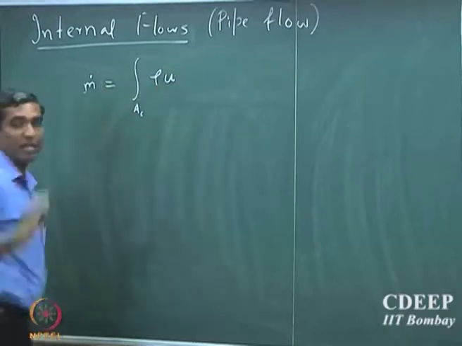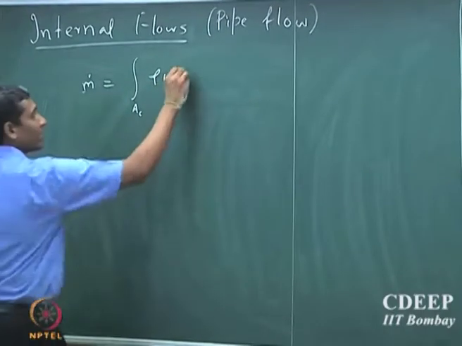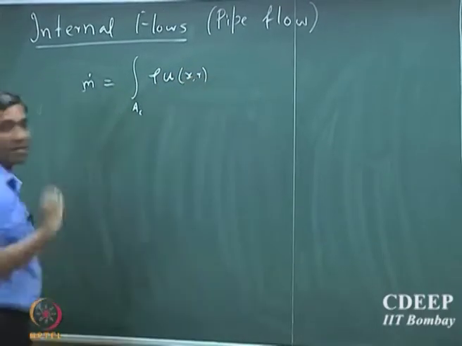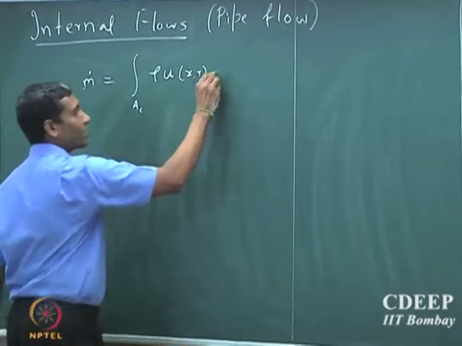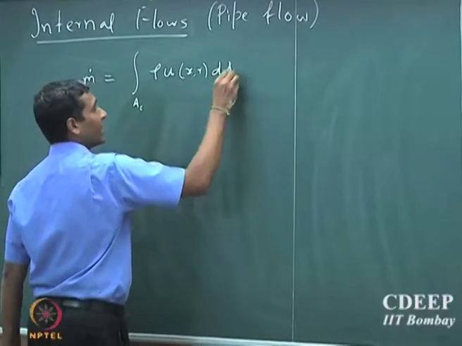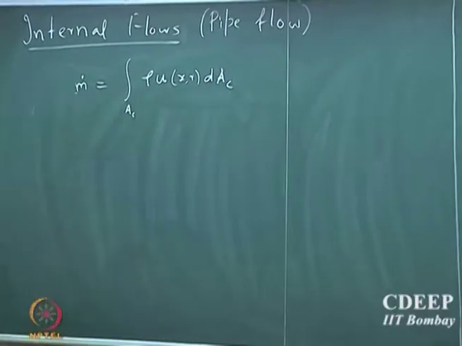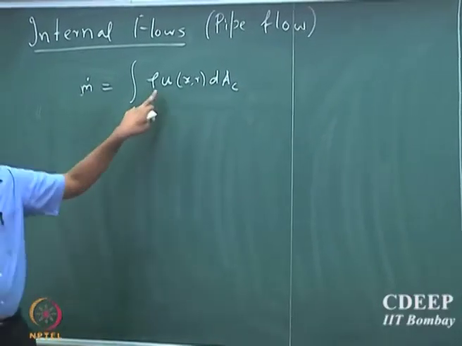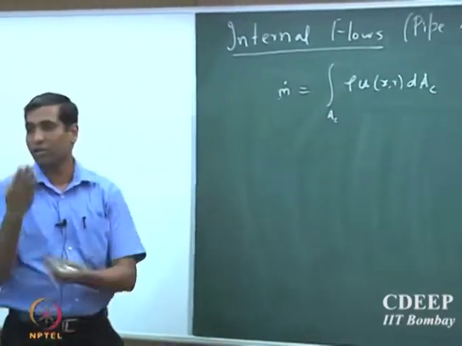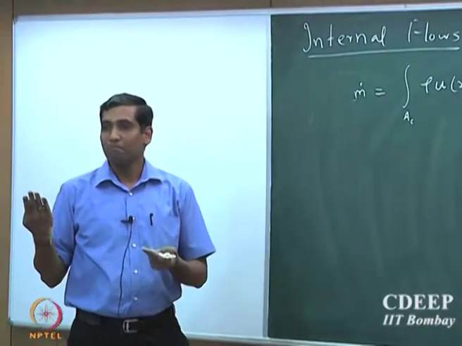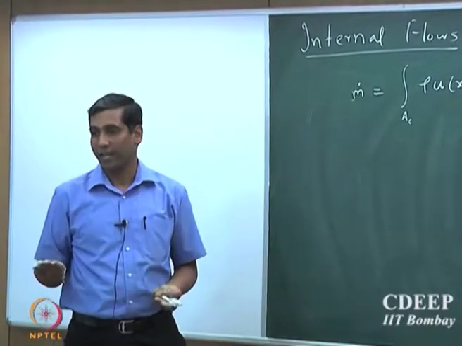That's the differential cross sectional area. That will tell you the mass flow rate at any location in x.